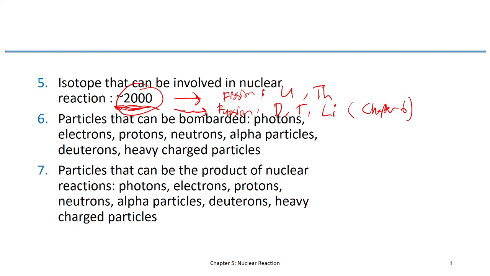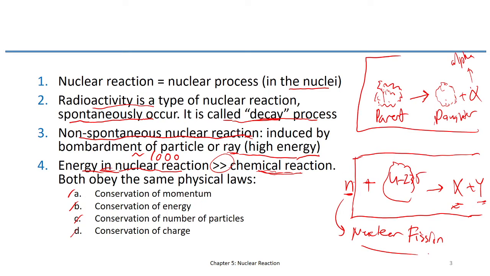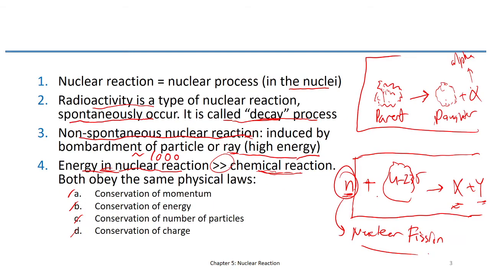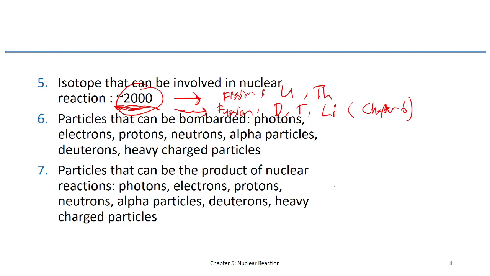Like in this example, the bombardment involves an energetic neutron. And similarly, if it wasn't uranium 235, it could be any nucleus.